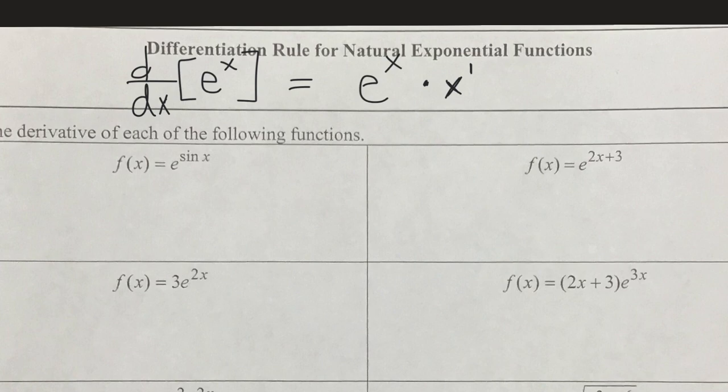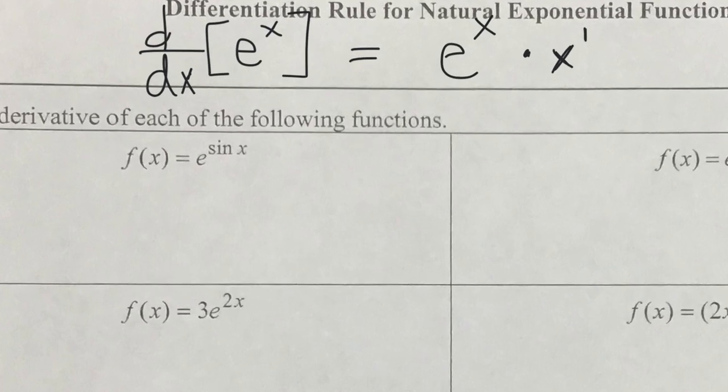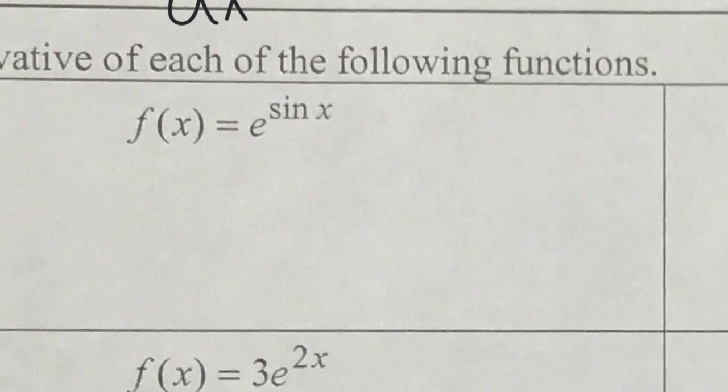Okay, so let's jump right in here. Our first function is e to the sine x. So when we take the derivative, of course we write f prime equals, well, e to the sine x's derivative is just e to the sine x. It is its own derivative.